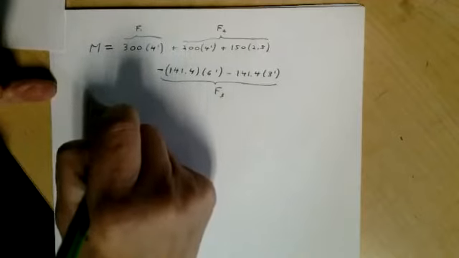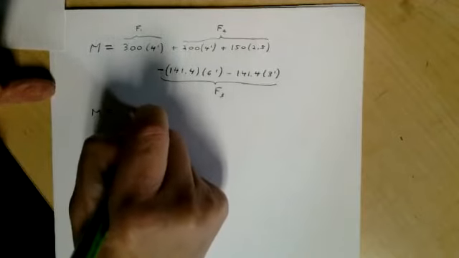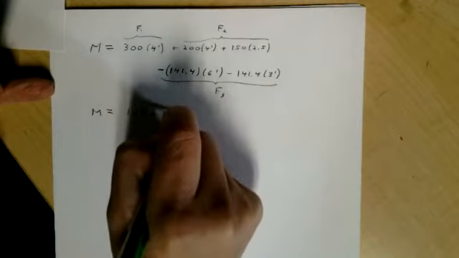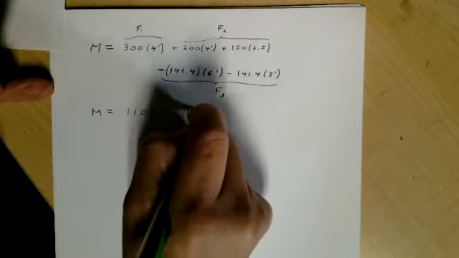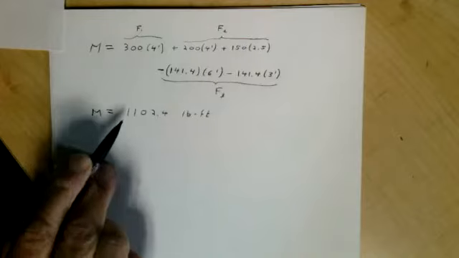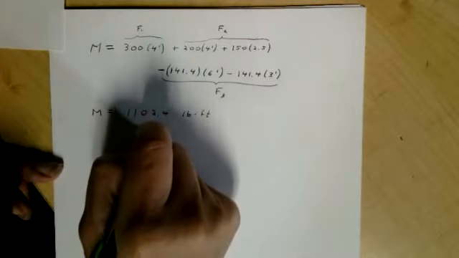And this gives you 1102 pound-feet or foot-pounds. And since it's positive, that must be counterclockwise.